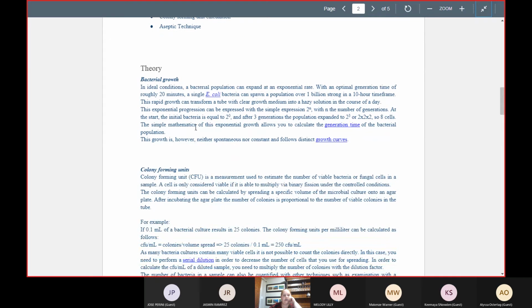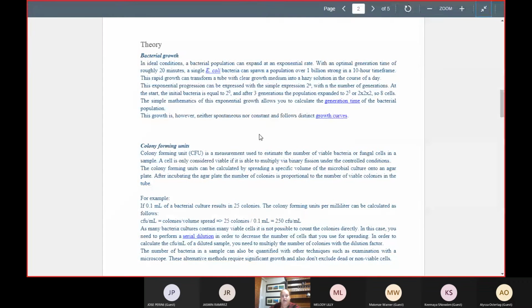So definitely read through the theory. It's very important for understanding generational times within bacteria. Bacteria multiply in an exponential fashion, which can be represented by 2 to the n. If you have one bacterium, it becomes 2, 2 become 4, 4 become 8, and so on in an exponential fashion.